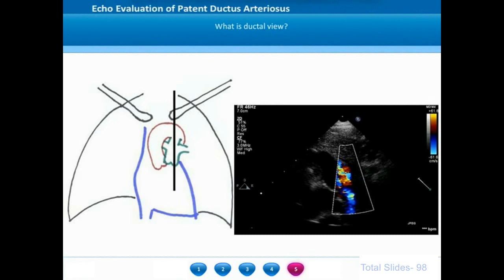So we need to move the probe superiorly to the left first or second intercostal space, close to the manubriosternal junction, and keep the probe in sagittal plane. It's only in sagittal plane we'll be getting the entire main pulmonary artery opened out. The ductus will be seen to insert onto the pulmonary artery bifurcation as shown in the video.